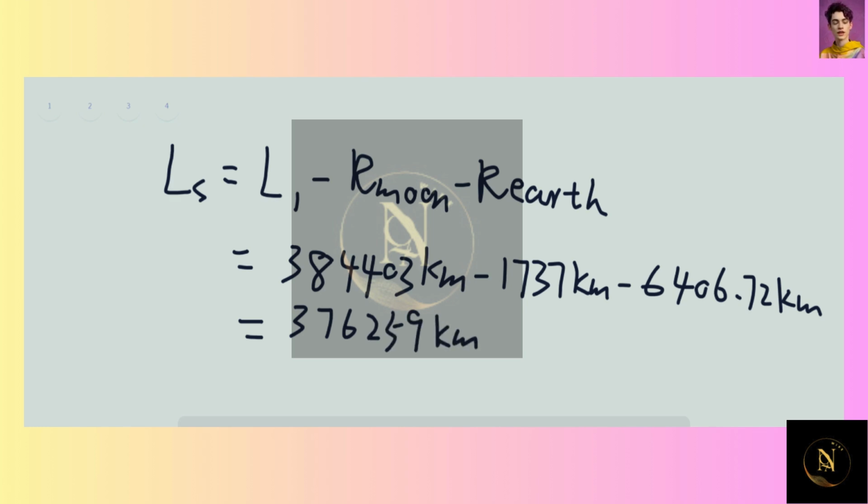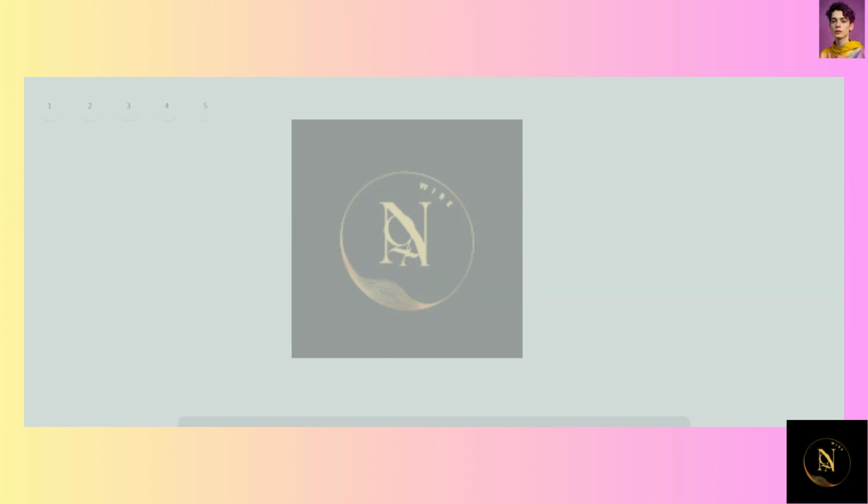That's the distance from the surface of the Moon to the surface of the Earth. Now we can use the formula from page 1, the resolution limit theta equals D over L, where L in this case is the distance from the Moon's surface to the Earth's surface.